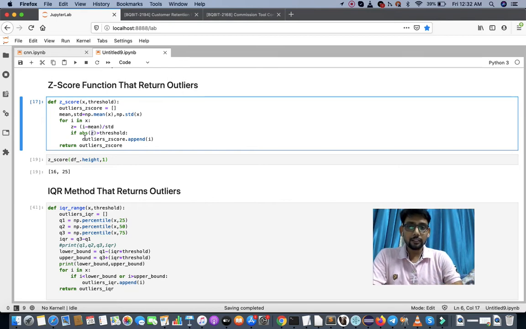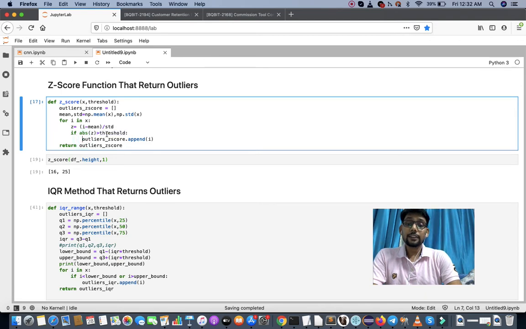So with threshold 3 we have two bounds, lower bound is -3 and upper bound is +3, right? So that's why I have taken the absolute value of z. If it's minus z, it will return plus z.